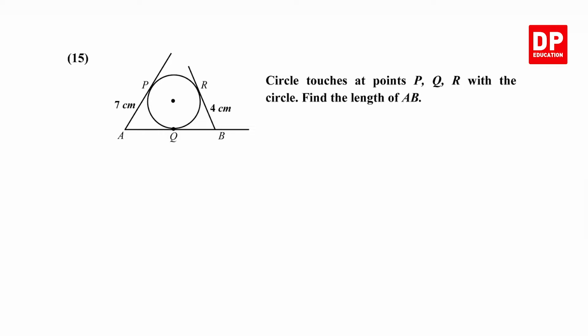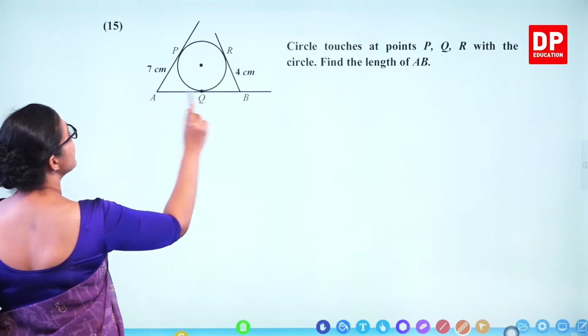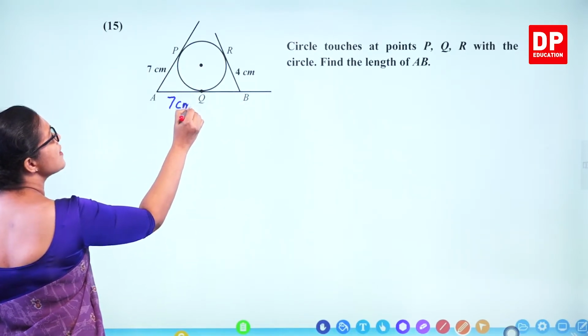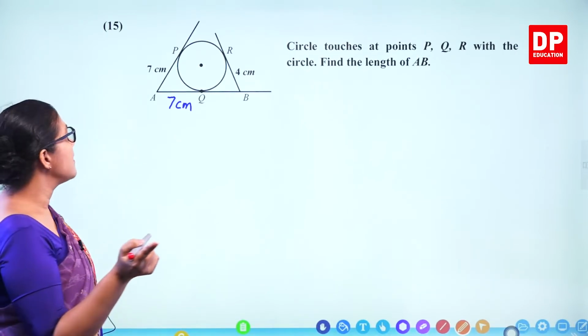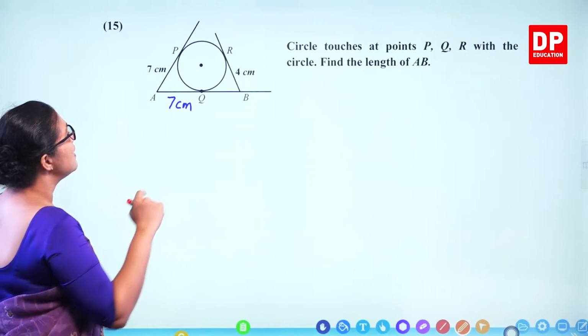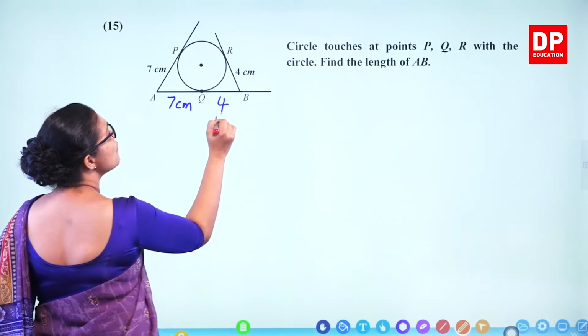Question number 15. Circle touches at points P, Q and R. With the circle, find the length of AB. This length. Now this is 7 means this is also 7. So the tangent lengths are equal from an outside point to the circle. If this is 4, this is 4.